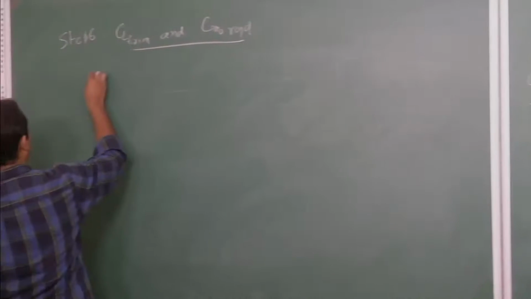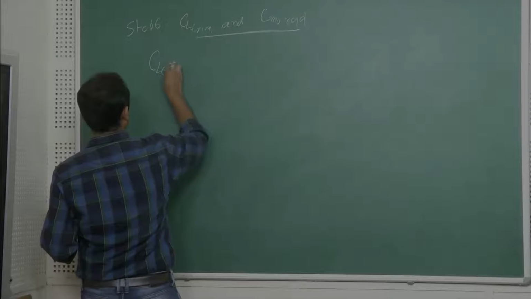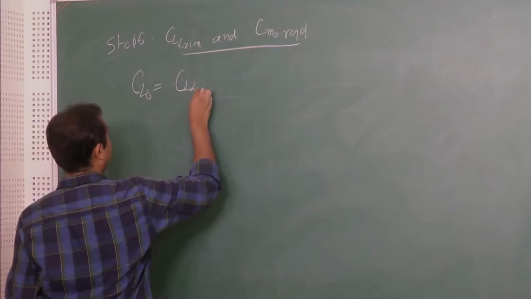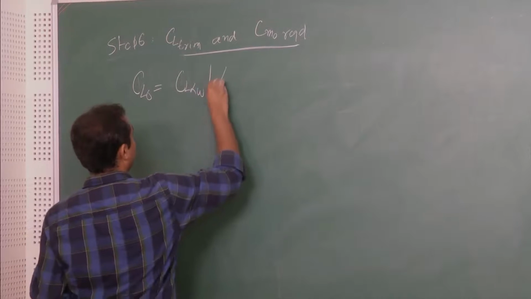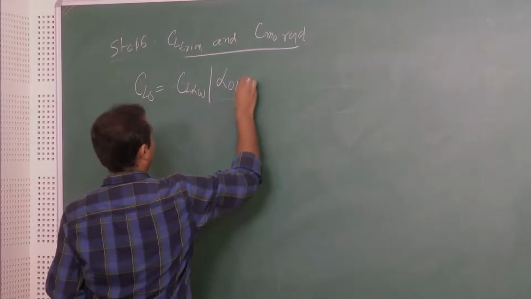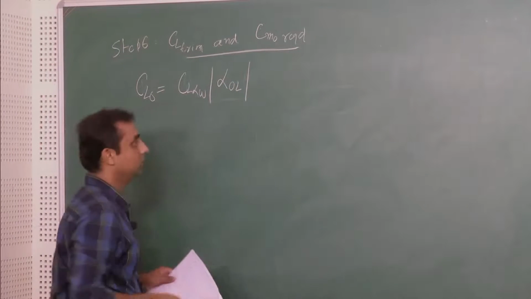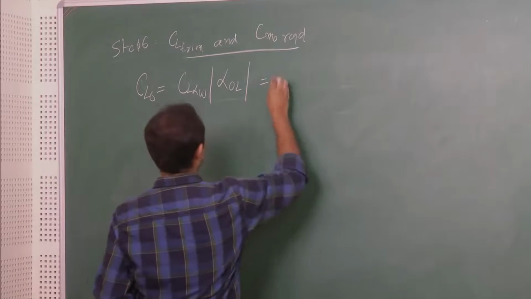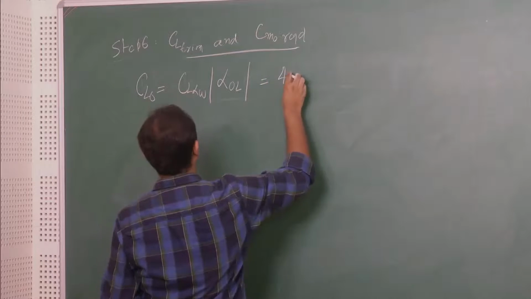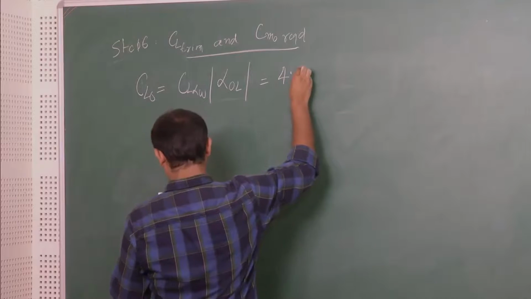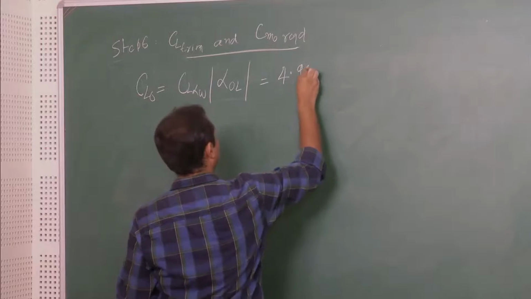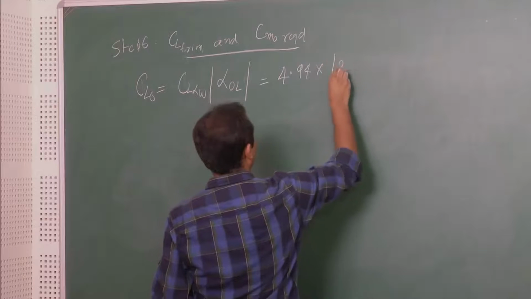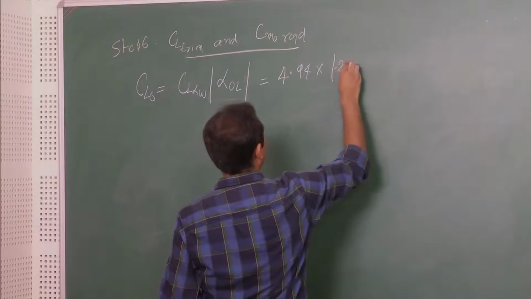So first of all, we have to calculate the value of Cl naught, which is equal to Cl alpha of wing, which I have already calculated, and the angle of attack at 0 lift, which we got from the Eppler E197 airfoil. For E197, Cl alpha wing was 4.94, into alpha at 0 lift, which was minus 2.75.